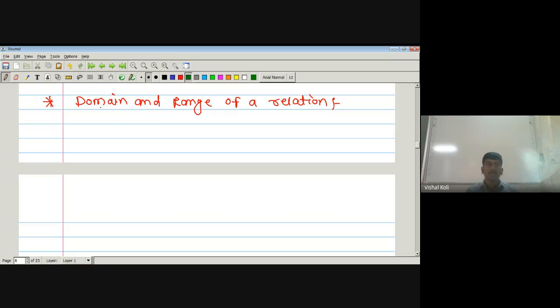Let capital R be a relation from a set A to a set B. That is, R is a relation from A to B means it is a subset of A cross B.